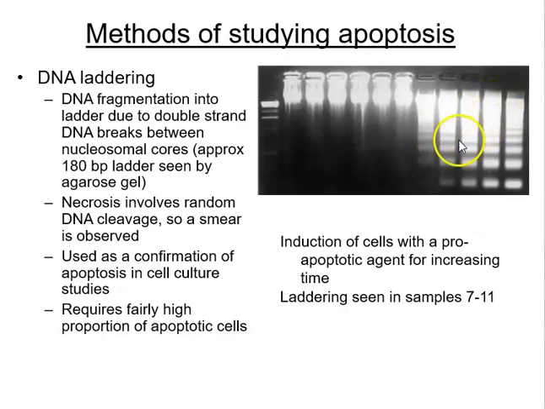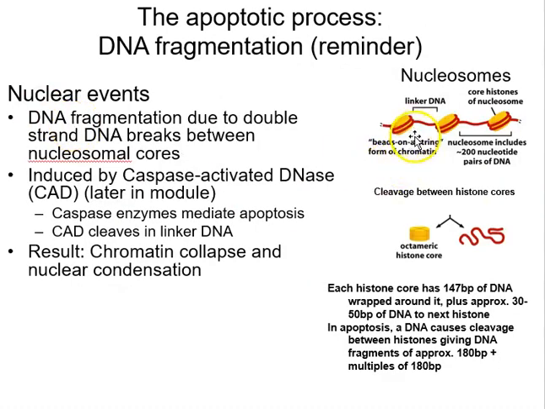All of this is just a positive control for apoptosis, and it's all based around the observation that caspase activated DNAase cuts the linker DNA here and here, which is why we get the repeating 180 base, or 360 or 540 base pair fragments.